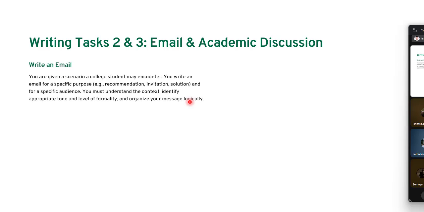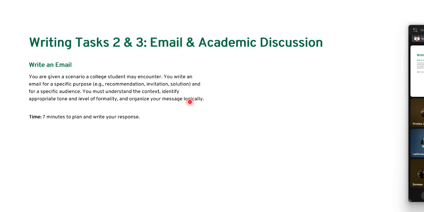In write an email, it evaluates our communicative skill. First, a scenario is given. It can be a recommendation, invitation, solution to a problem, or any other specific purpose. The scenario gives 3 bullet points as well, and we have to write a response that logically answers the bullet points, considering the context.